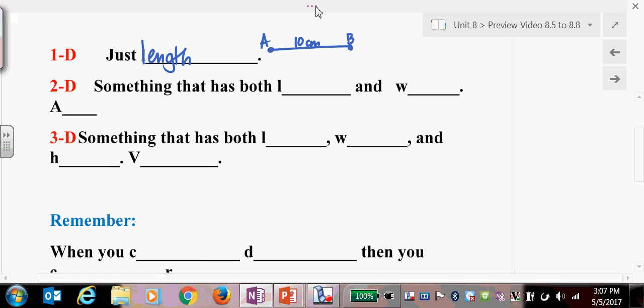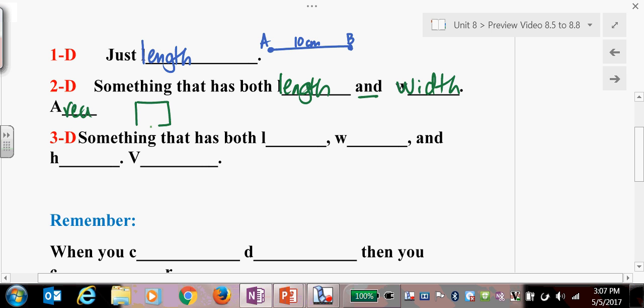The second dimension is something that has both length and width. In other words, it's area. So that would be like finding the area of a square.